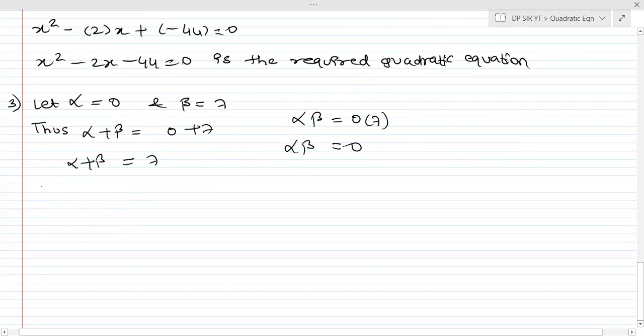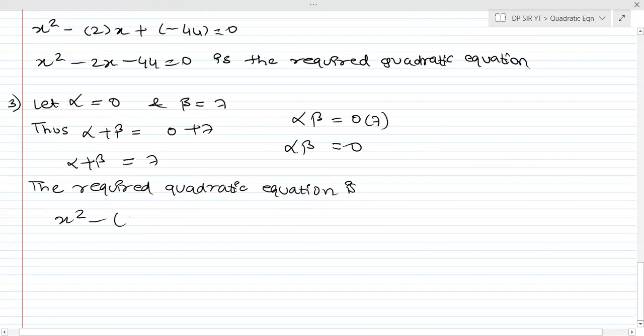So thus required quadratic equation is x square minus alpha plus beta x plus alpha beta is equal to 0.